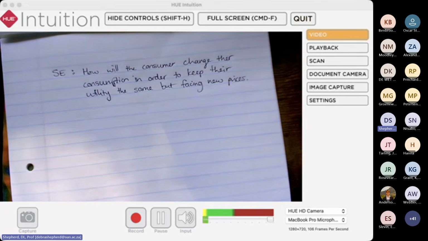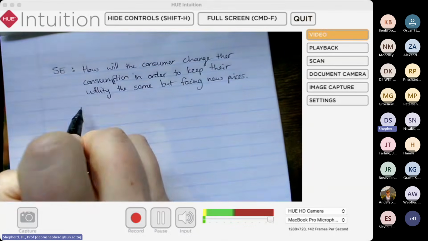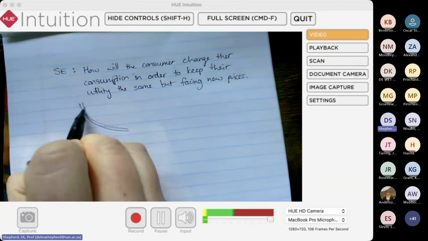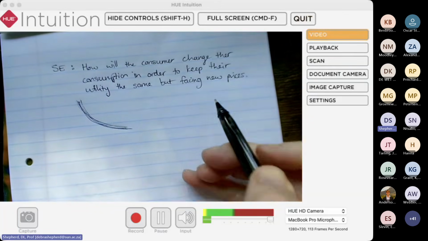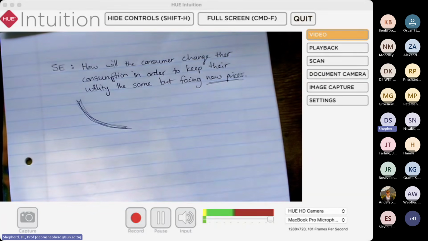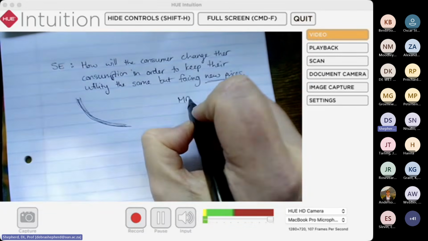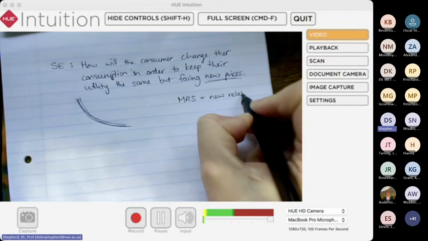Essentially, if we think about the graph, this represents staying on the same indifference curve that you are on, but because you now face new prices, you have to find where your marginal rate of substitution is equal to the new relative price.